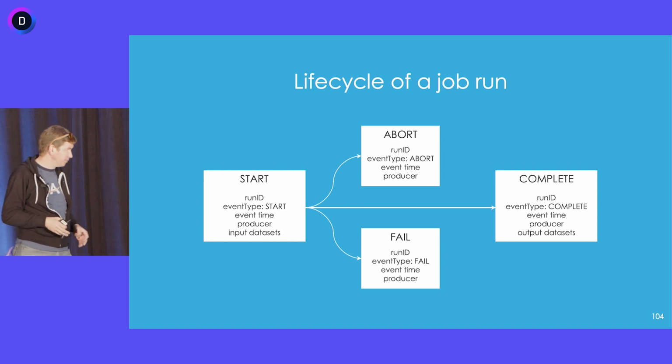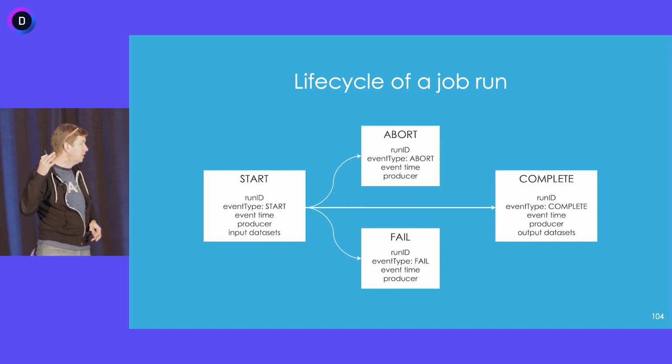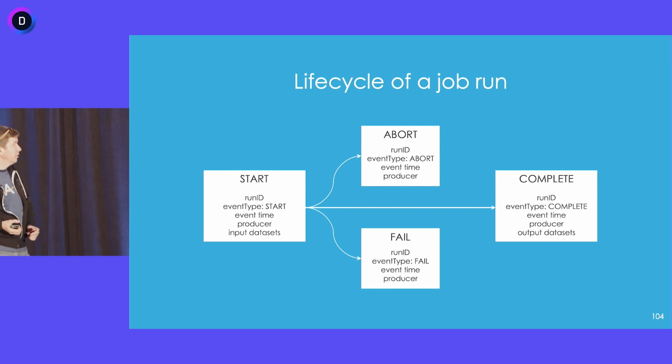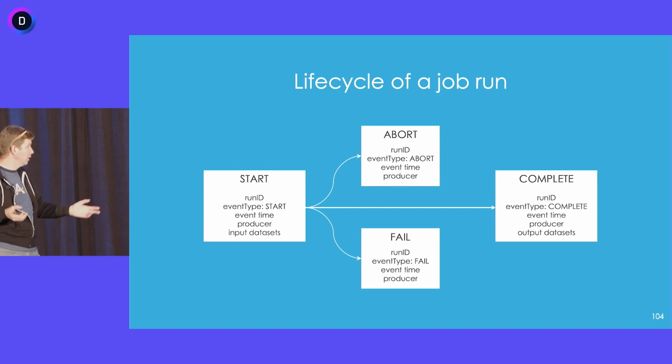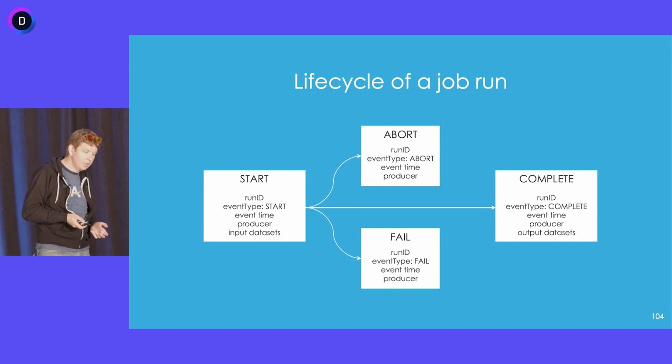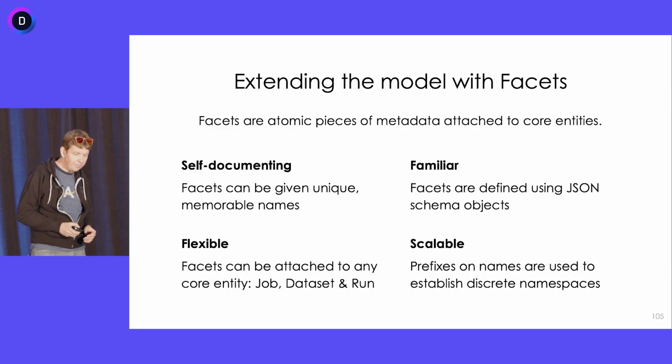It starts, and it either completes or fails or aborts. And in different contexts, those jobs are called different things. In Airflow, it's a task. In Spark, you have commands that are doing things, and you can model those things as OpenLineage jobs and capture the start and end state, whether it's successful or failed.